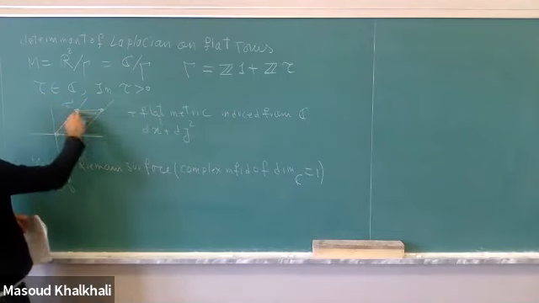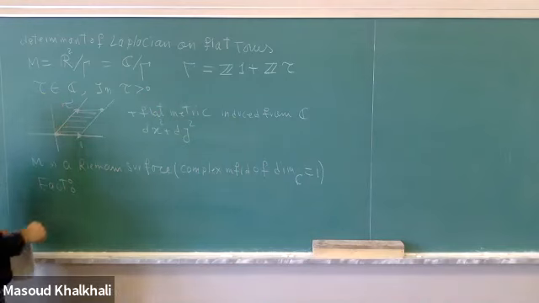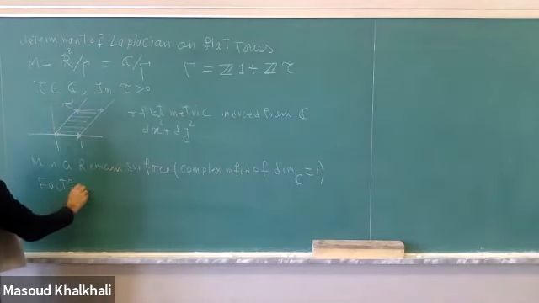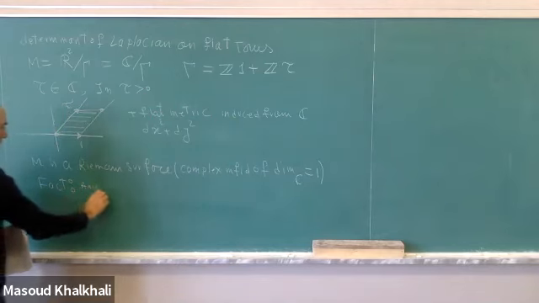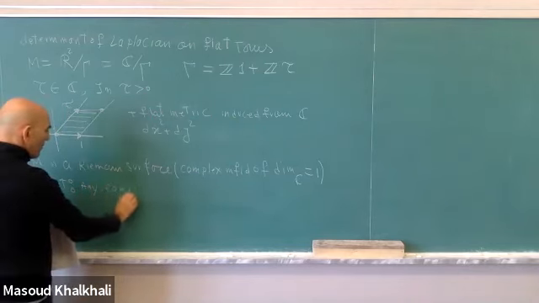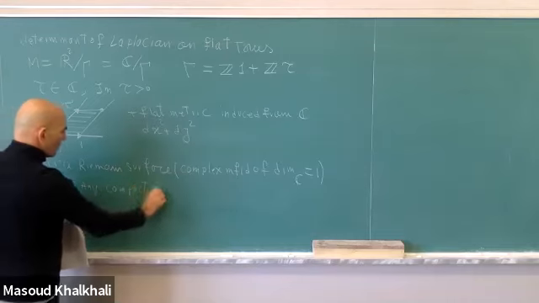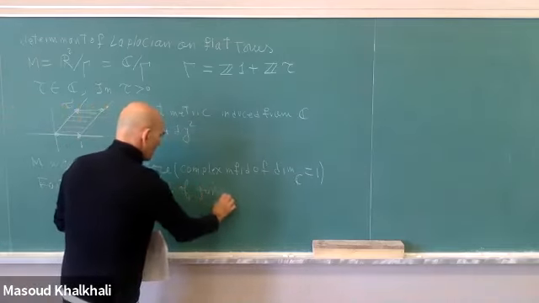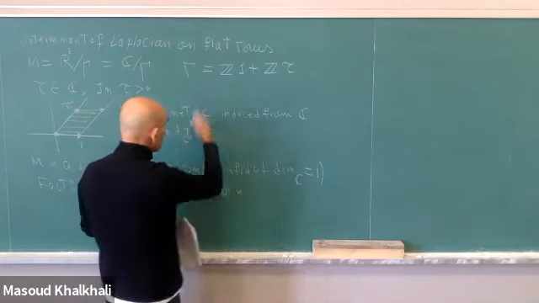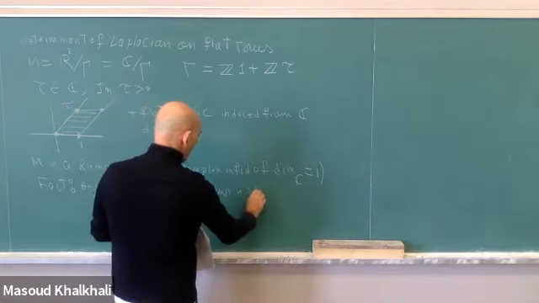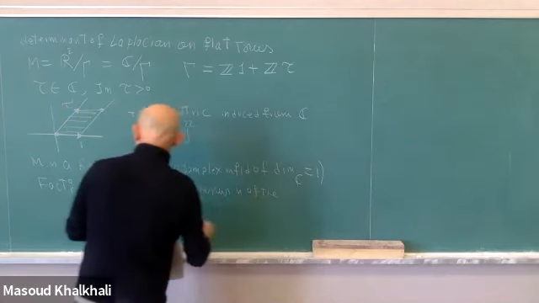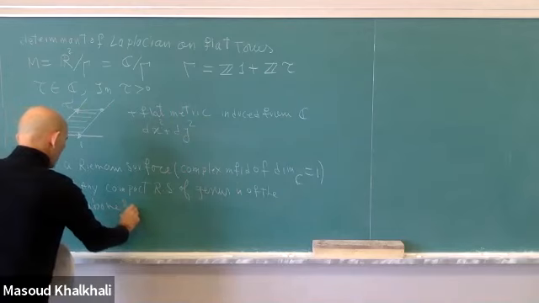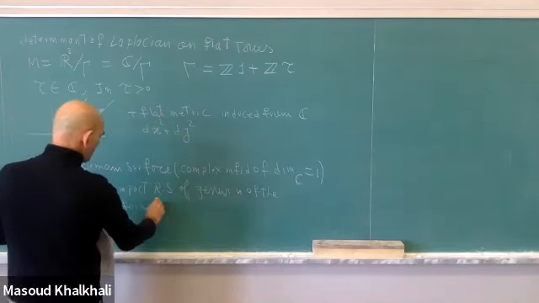So the way that we wrote it here is not accidental. There is something very fundamental about this presentation. Any compact Riemann surface of genus 1 is of the above form for some tau.